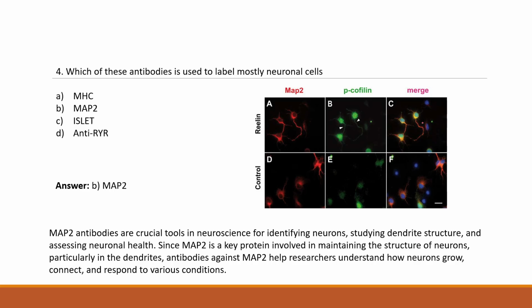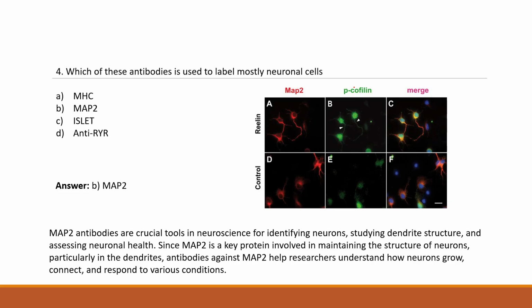So this is your immunofluorescently labeled neurons. Here you can see that in A and D, this is some kind of treatment they have done. These are your antibodies that are used to label MAP2 and cofilin.